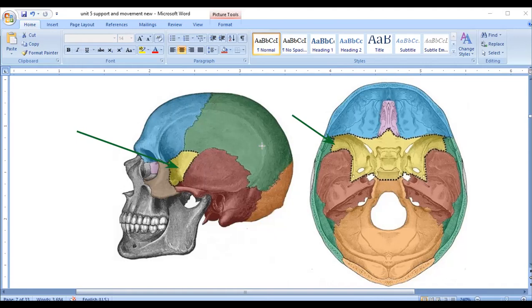Does that mean there are two sphenoid bones because you see it from both sides? No. Interiorly, there is only one sphenoid bone. The bird's wings can be noticed on either side. Are you clear? Clear, sir.